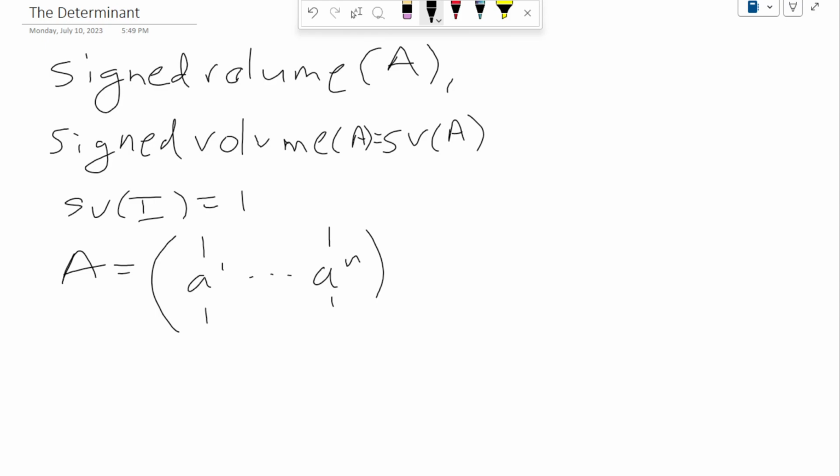and we switch any two of the columns. So let's say we have, let's call this B. This is going to be A1 ... AI ... AJ ... AN.